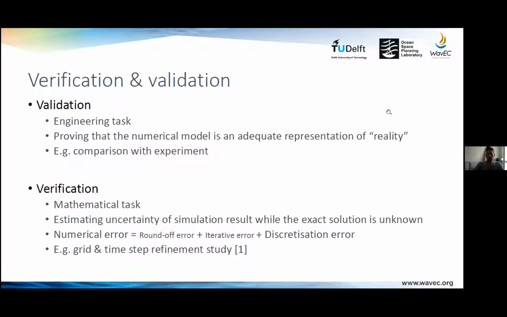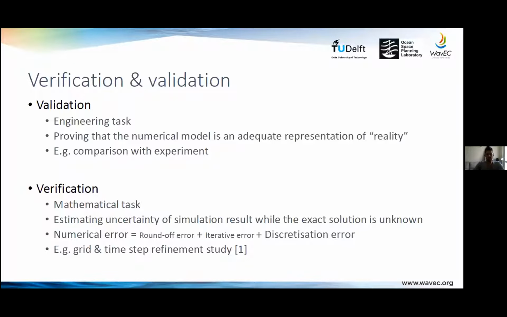But before proceeding to the test cases, maybe just in theory, a few words on the terms verification and validation, because it seems that those are words that often get mixed up and confused.